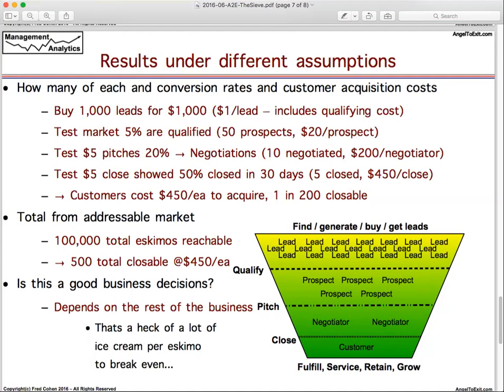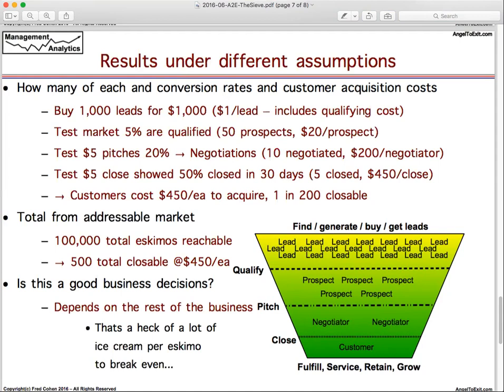And suppose it takes $5 to close. You tested some closes, showed 50% of the ones that were negotiator closed in 30 days. So you had 5 closed, which means that your cost per close is $450. So customers cost $450 each to acquire, and 1 in 200 is closable using the methods you identified. So suppose the total addressable market's 100,000 total Eskimos that are reachable by mail.